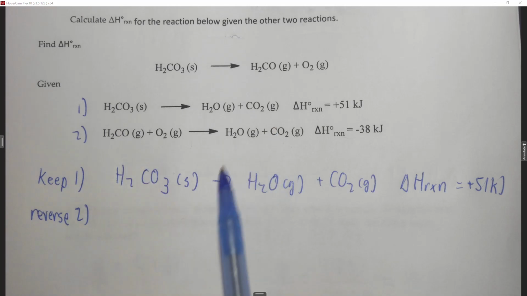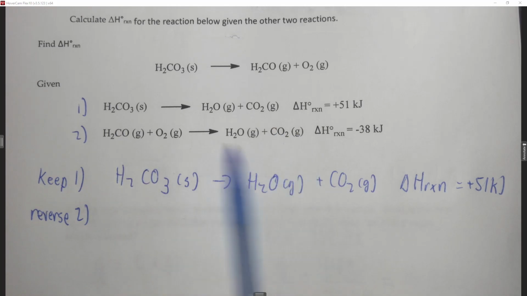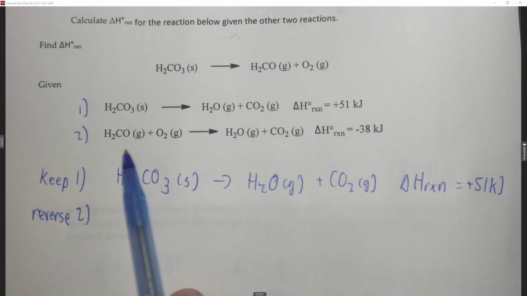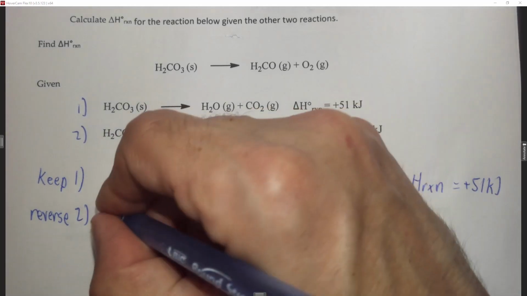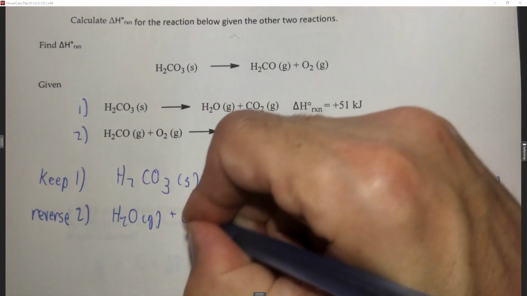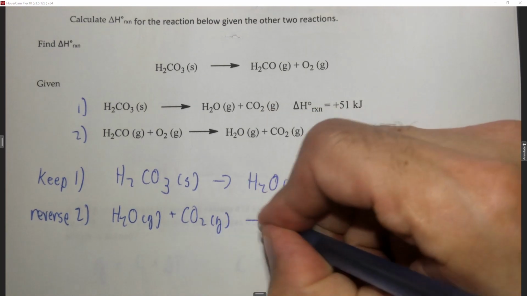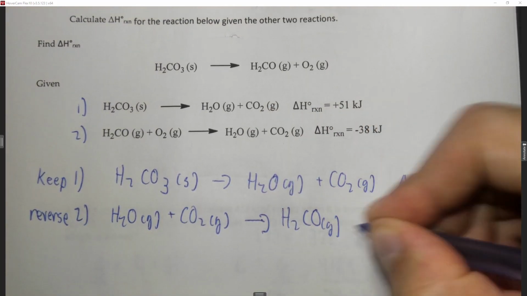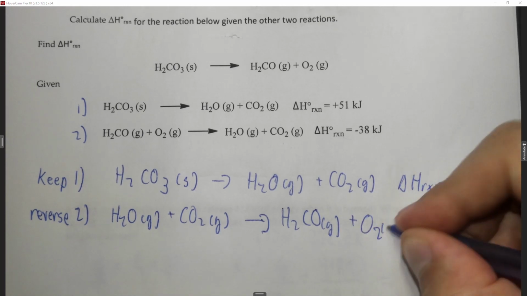Reversing a reaction just means writing the products as reactants and the reactants as products. So I'm going to put H2O gas plus CO2 gas yields H2CO gas plus O2 gas.